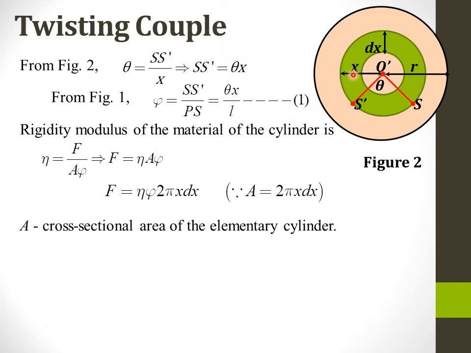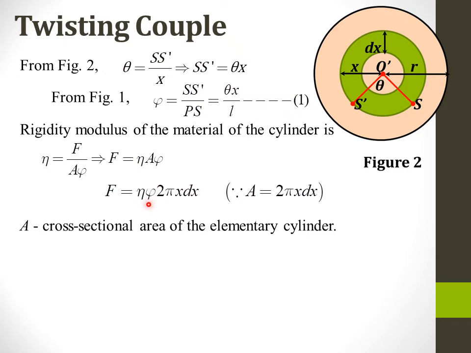We see here in our hollow cylinder, the radius is x and the thickness is dx. Therefore, circumference is 2 pi x, thickness dx. We substitute this area A in our equation for the shearing force.